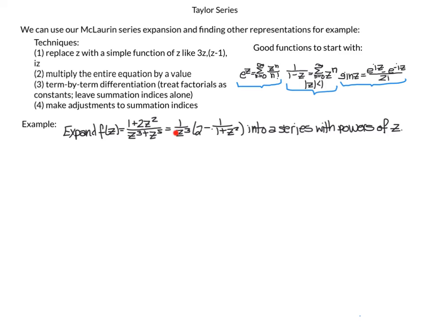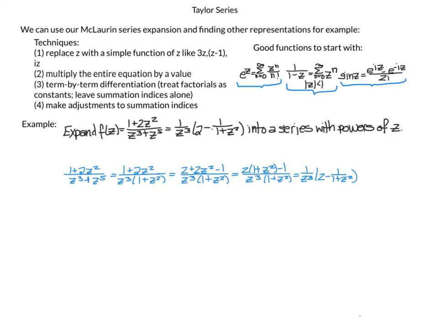So you want to expand this into a series with powers of z. And for my own sake, I wanted to verify algebraically that this equation holds. Of course, it's just algebra, but I went ahead and did the algebra here, so I'll let you take a look.